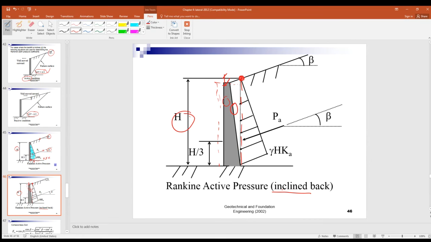And then from there you calculate the active pressure for a greater height, not the smaller height, a greater height, right.